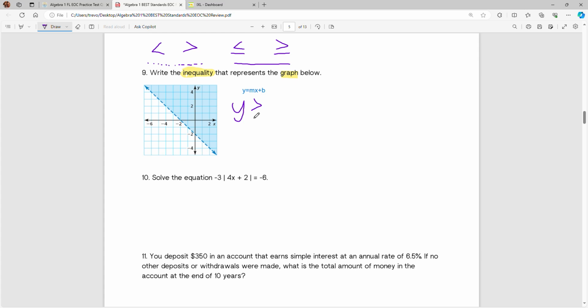And for me to finish up my equation, I need two things. I need my slope, and I need my y-intercept. And I can see from looking at the graph that the y-intercept is at -2.